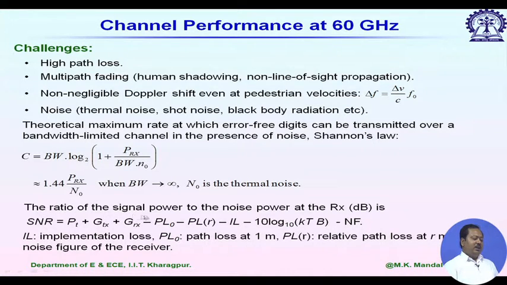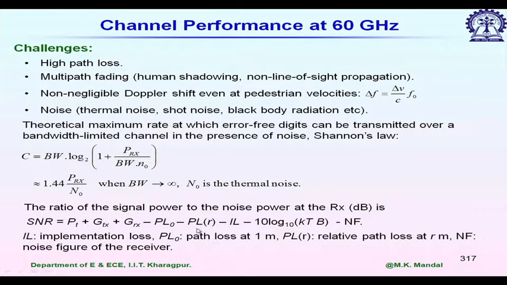So, the ratio of the signal power to the noise power at the receiver in dB is the SNR, this is Pt, G of transmitter, G of receiver, minus the path loss, which we are dividing into two components, PL naught and PLR. Why? PL naught represents the path loss at 1 meter, and after that we have a different coefficient n for path loss calculation.